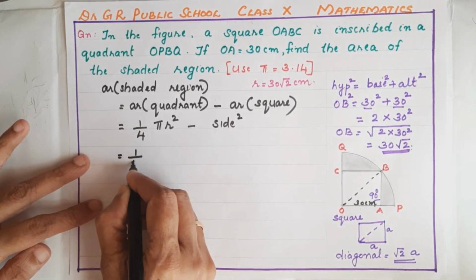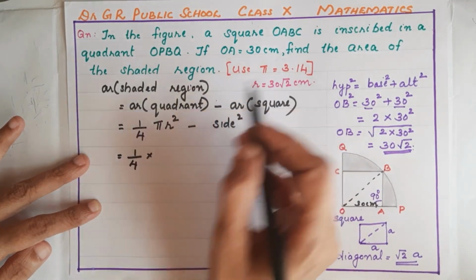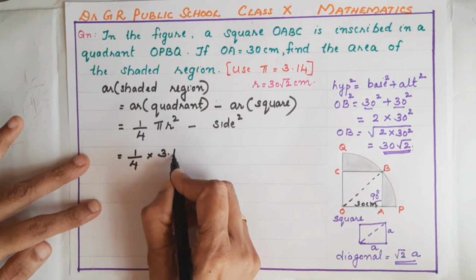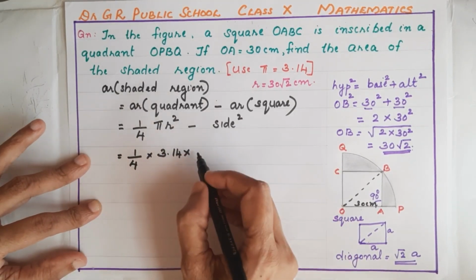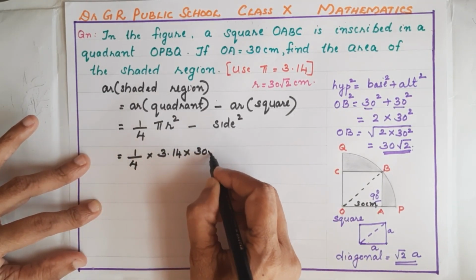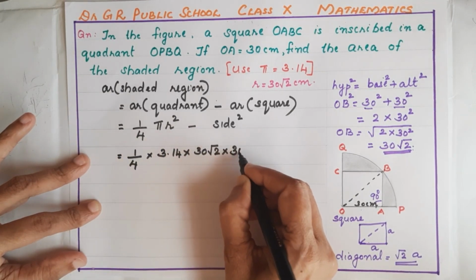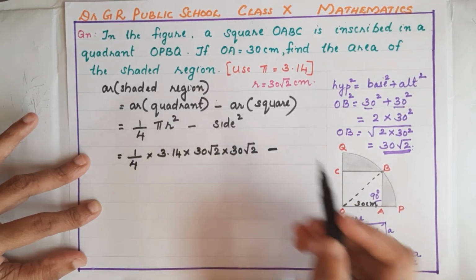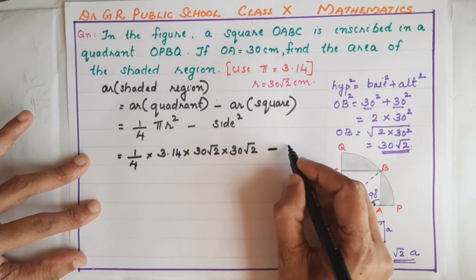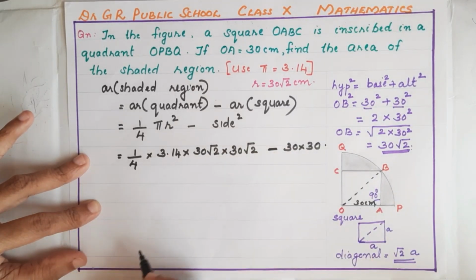Area is equal to 1 by 4 pi, it is given as 3.14, into R square, where R is 30 root 2, minus side square. So what is the side? 30 itself. So 30 into 30.